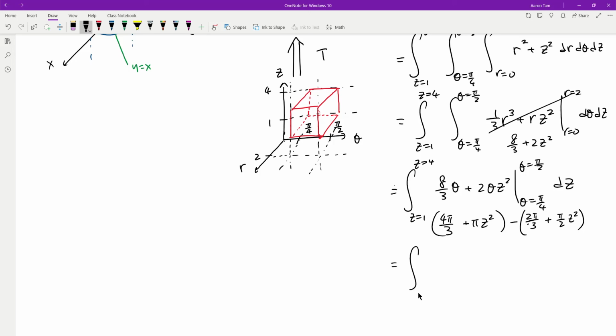If I combine them together, 4 pi over 3 minus 2 pi over 3 becomes 2 pi over 3. I have pi z squared minus pi over 2 z squared, so that becomes pi over 2 z squared, dz.